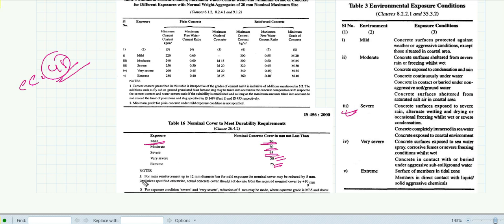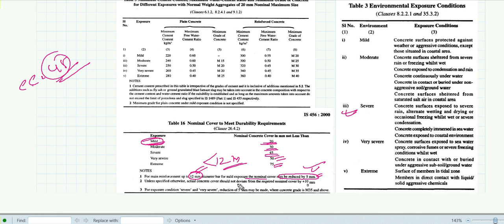But there are certain notes that you can see here. The first note is that for the main reinforcement up to 12 diameter bar for mild exposure, the nominal cover may be reduced by 5. So if the exposure condition is mild, then we can reduce it by 5 if the diameter of the bar is less than 12, unless specified otherwise.